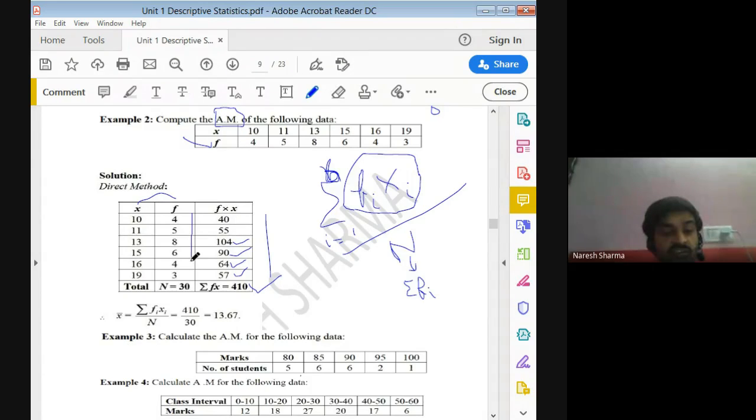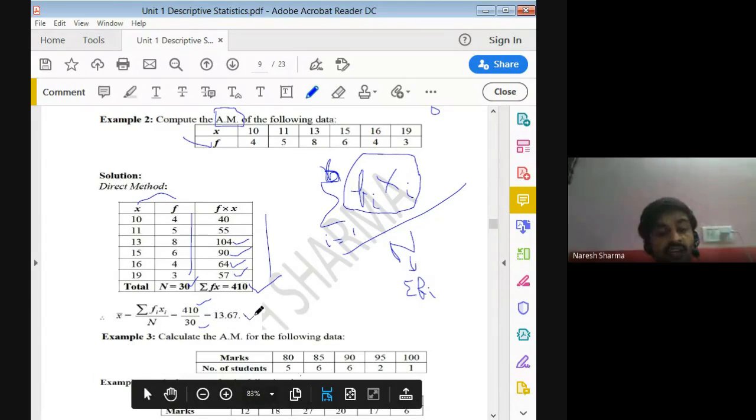And total frequency, if you add these, is 60. That is 4 plus 5, 9 plus 8, 17 plus 6, 23 plus 4, 27 plus 3 is 30. So just divide these two, that is 410 divided by 30. Its value is 13.67, which is your required mean.